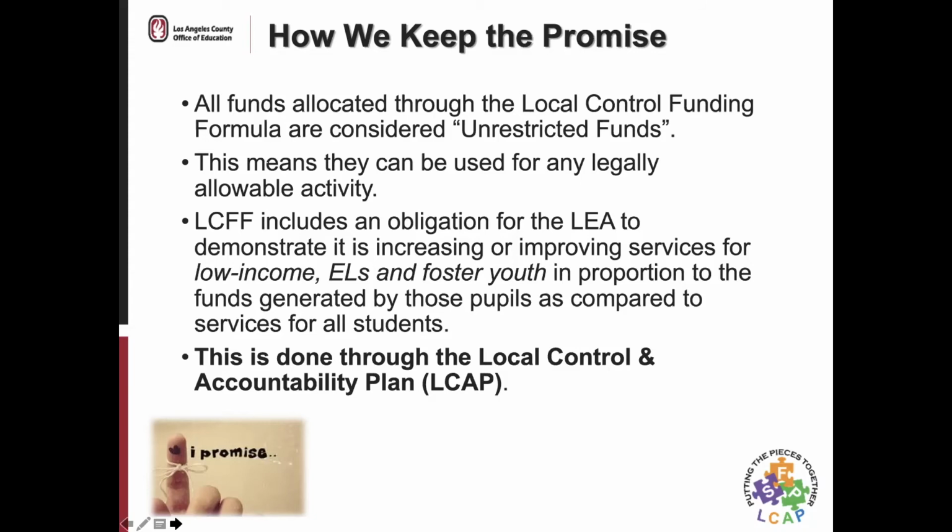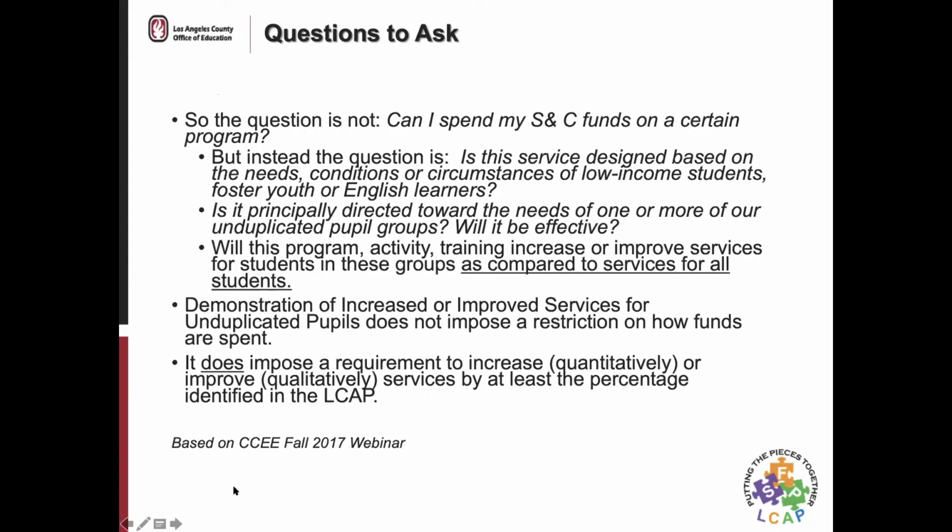Okay. And next slide. So some questions to ask are, and this is what we hear, the key question when looking at LCFF funds and supplemental, and we really don't use the term supplemental and concentration funds as much anymore. We talk about the increased and improved obligation. So it's not, can I spend my supplemental and concentration funds on a certain program or thing? The question rather would be, is this service designed based on the needs, conditions, or circumstances of one of those three groups?